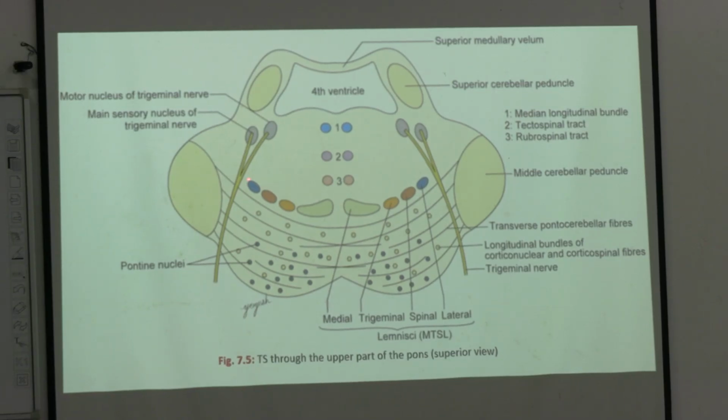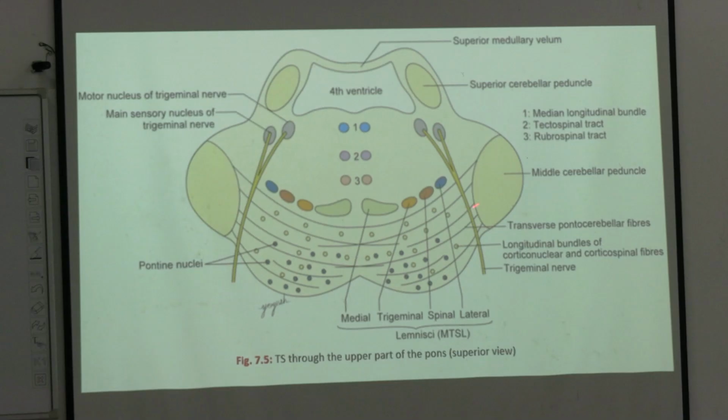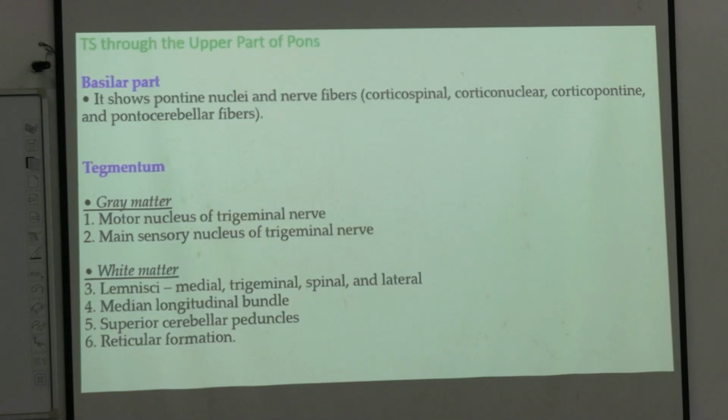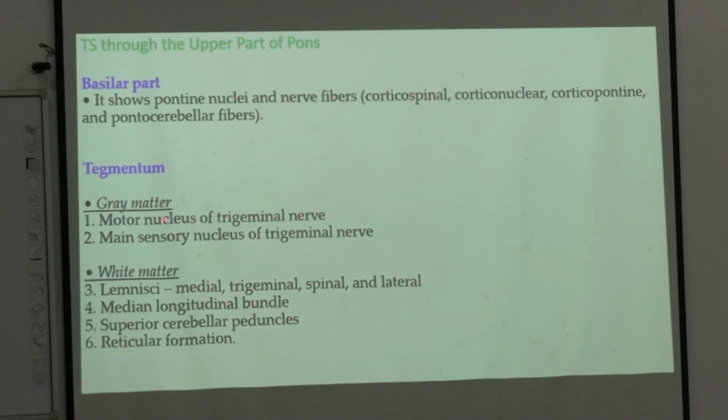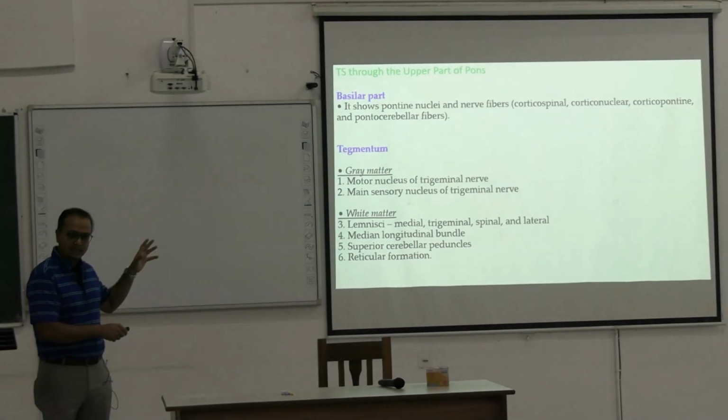Other than this, we have bundles that we call lemniscus. Here we see the medial lemniscus, then the trigeminal lemniscus, the spinal lemniscus, and the lateral one, which we call the lateral lemniscus. The gray matter of this lower section of the pons has the nuclei of the trigeminal nerve, sensory and motor.